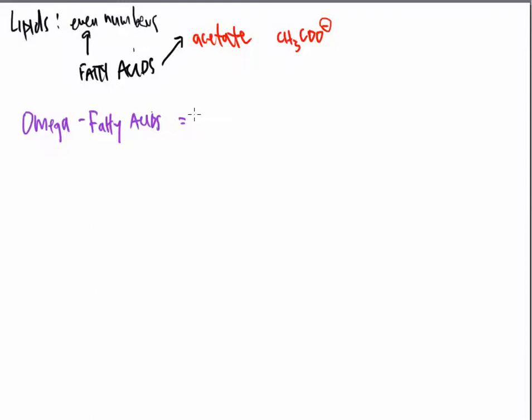So we want to talk about what this word omega really means. And omega is just referring to the position of the first double bond. So it gives us an idea of what type of fatty acid we're dealing with and working with.